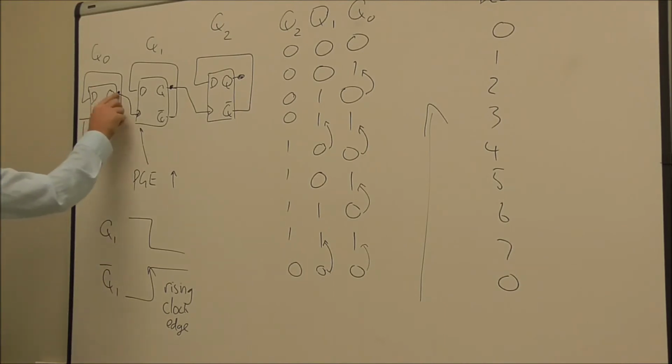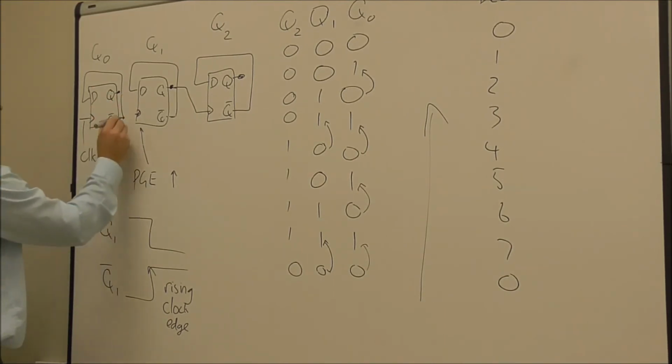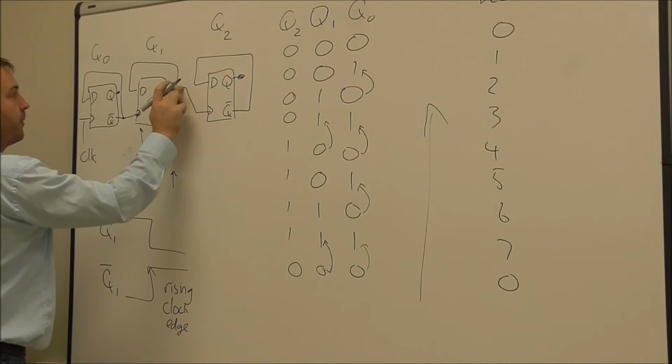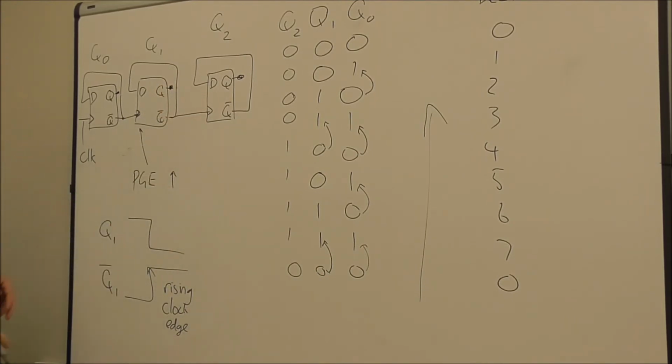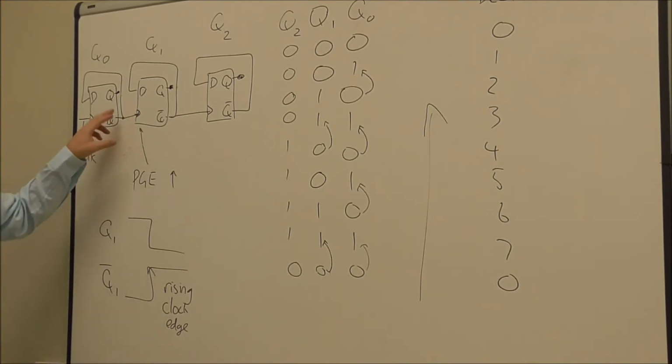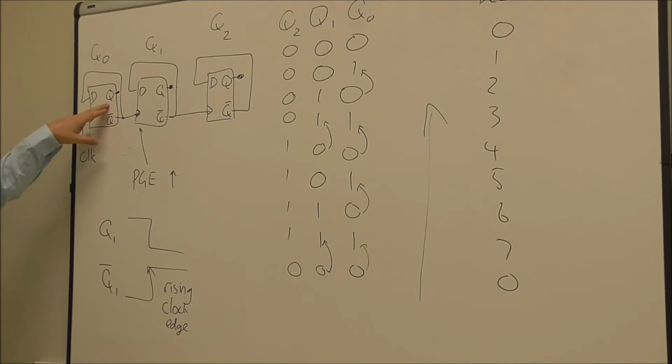If I were to leave them connected to Q bar each time, okay, this is a little bit more difficult. And if I were to consider, instead of Q being my output, Q bar being my output.